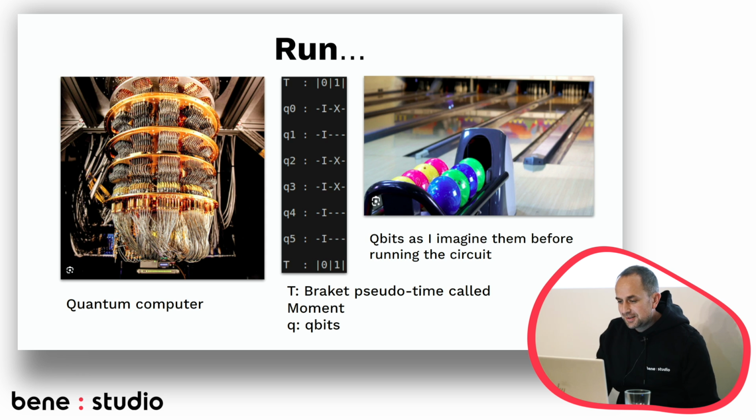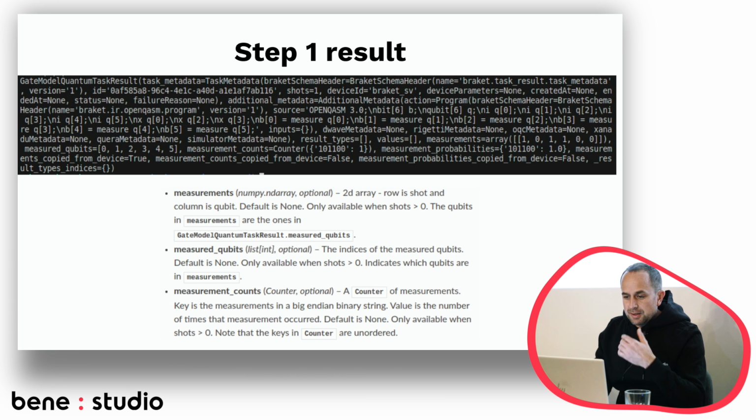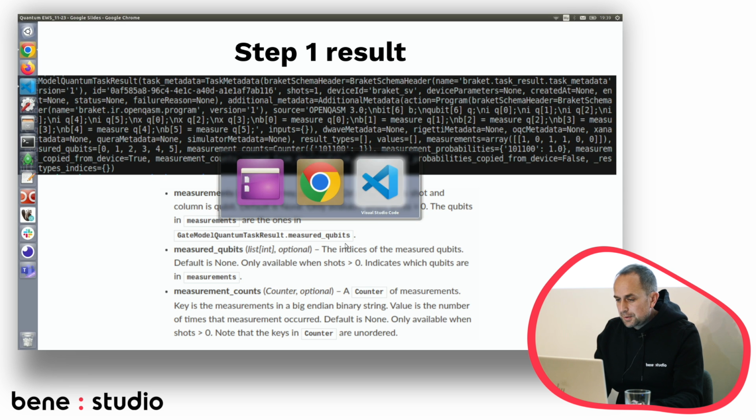So that's how I explain to myself what happens here. Here are the results. There is good documentation about the Braket SDK, so you can learn what the measurements and measurement counts are, if you are more interested.